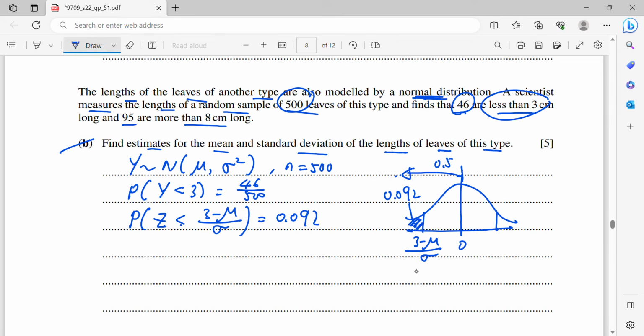Now, the next probability is more than 8. So P(Y more than 8), and there will be 95 out of 500. So 95 over 500 for your probability. Now I standardize it.